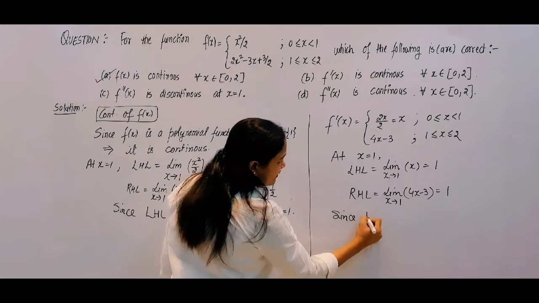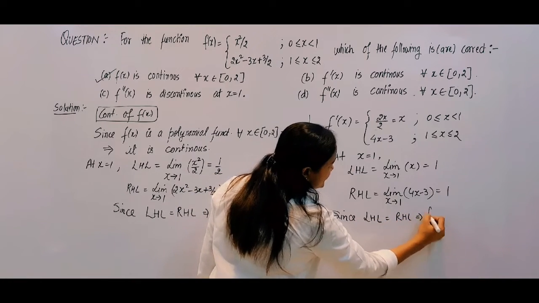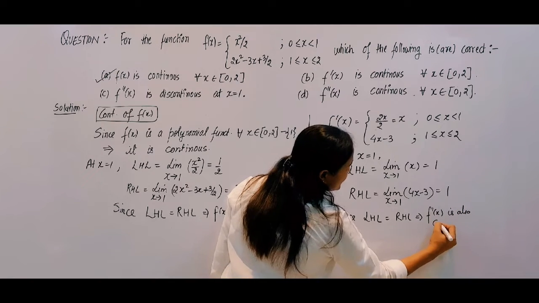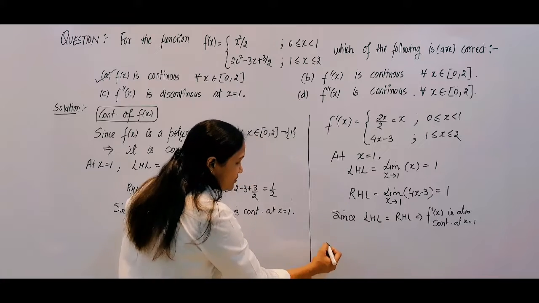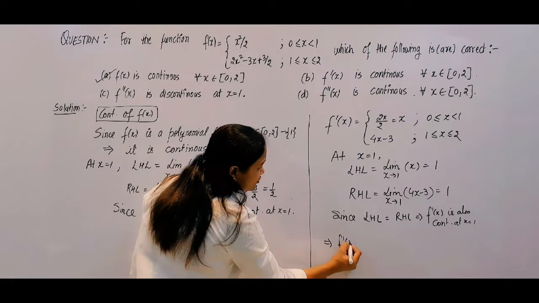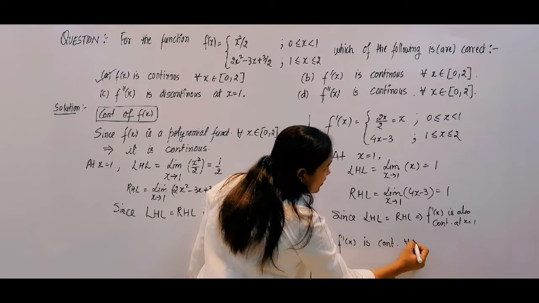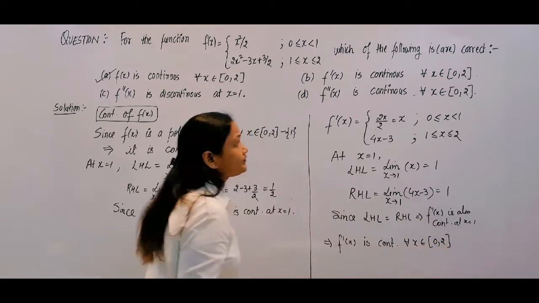Since left hand limit is equals to right hand limit, that means your derivative function is also continuous at x is equals to 1. So derivative function is continuous for all x belongs to 0 to 2.